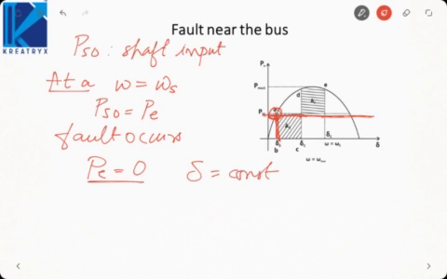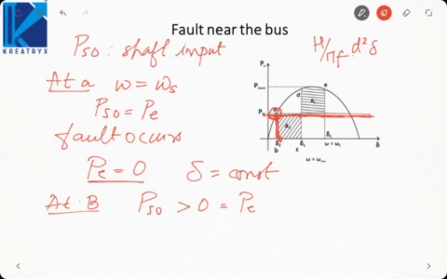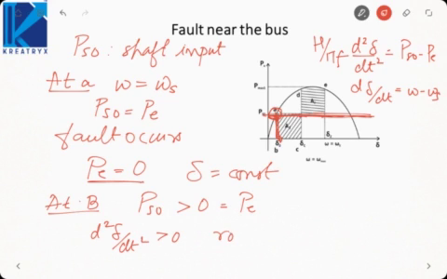Now if you see, this is my shaft power, this is my electrical power, that is 0. So at point B, PS naught is greater than P, which is equal to 0. So again let me write down the equations that we will use. Then, since PS naught is greater than P, d square delta by dt square is greater than 0, so the rotor will accelerate.